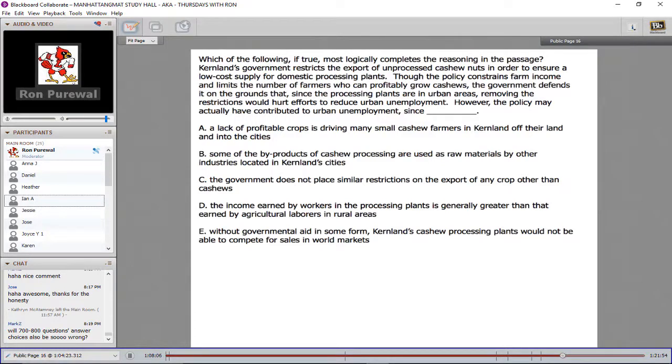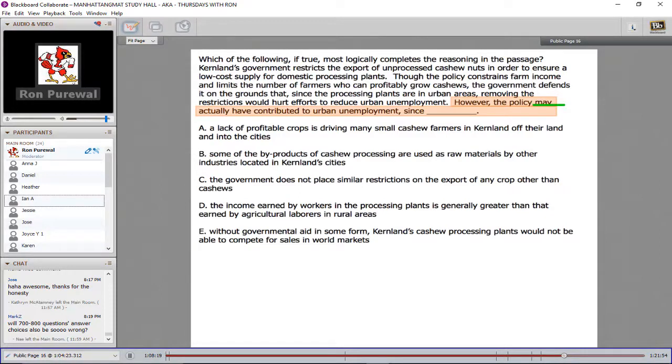So, okay, let's take a look at this. This time you're filling in a blank, but you need to provide some sort of evidence for this. The policy may have contributed to urban unemployment. So we need to clarify two things.